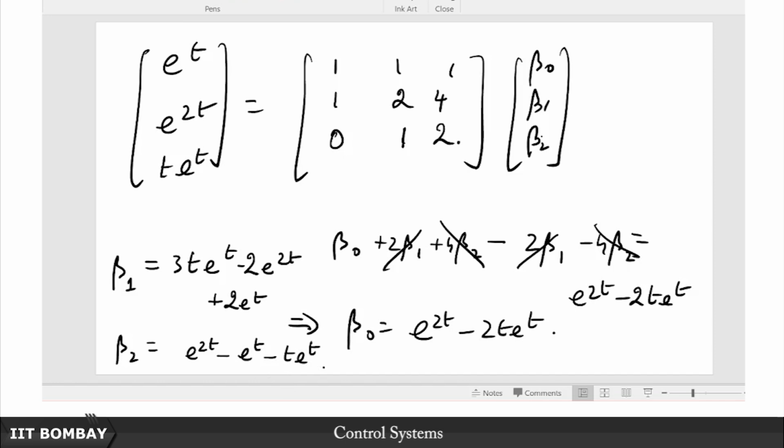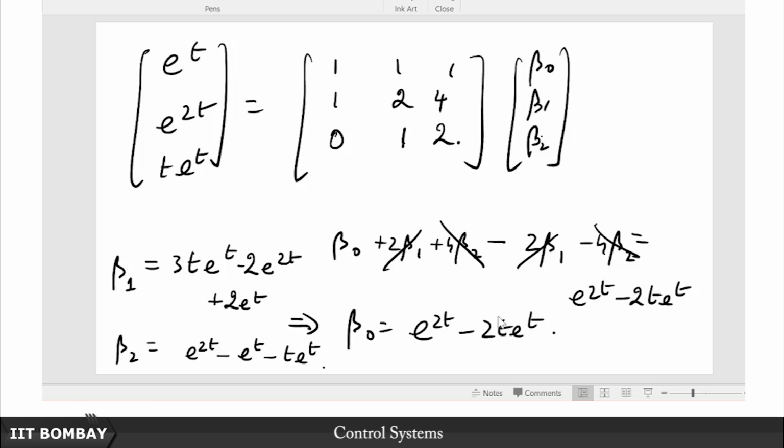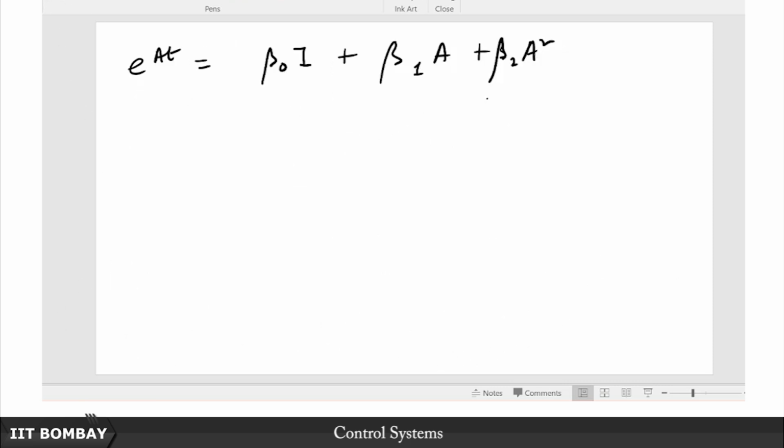Having gotten this, we may write e to the At as beta 0 times I plus beta 1 times A plus beta 2 times A squared, where beta 0, beta 1 and beta 2 we have just evaluated. As I said, they are expectedly functions of time. You might try this on your own as an exercise; I will just write the final expression and hope that I have not made any calculation goof ups.